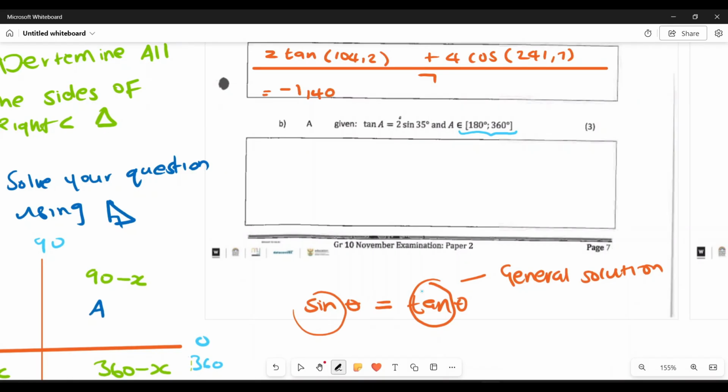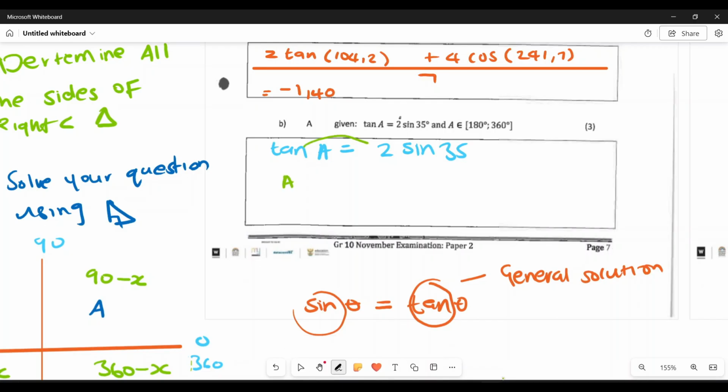Now, let me calculate my A. I'm going to solve for my value of A. I could punch everything on that side into my calculator, or I could leave it as it is, because it will give me a decimal. Remember, you only round off when you get to your final answer. If I want to solve for my value of A, I can simply take the 10 to the other side.